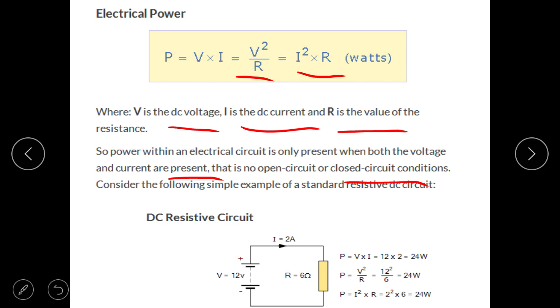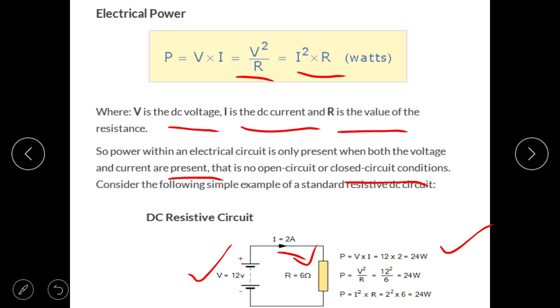Now we consider an example. In the given DC circuit, there is a 12 volt battery and a current of 2 ampere is flowing in a 6 ohm resistance. So power dissipated in the resistance is P is equal to V into I, where V is 12 and I is 2 ampere. So power P is equal to 24 watt.